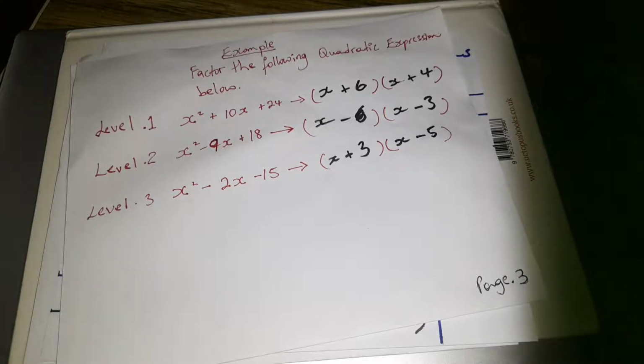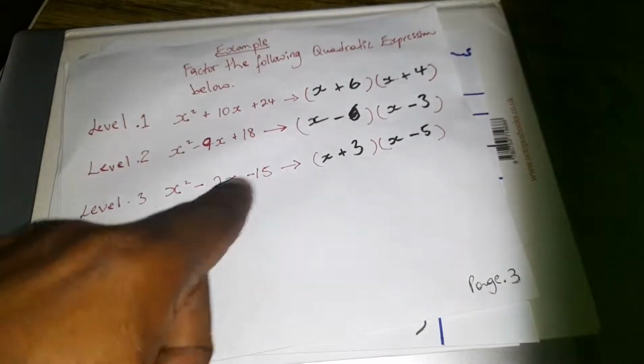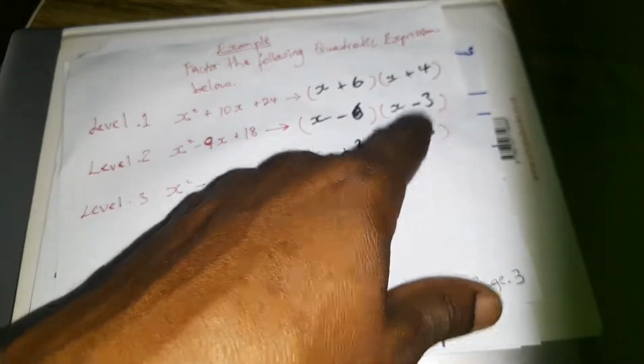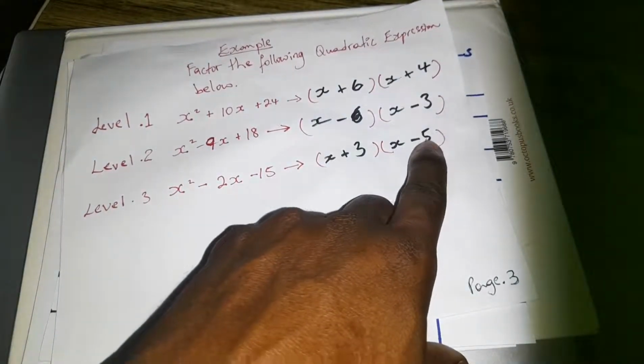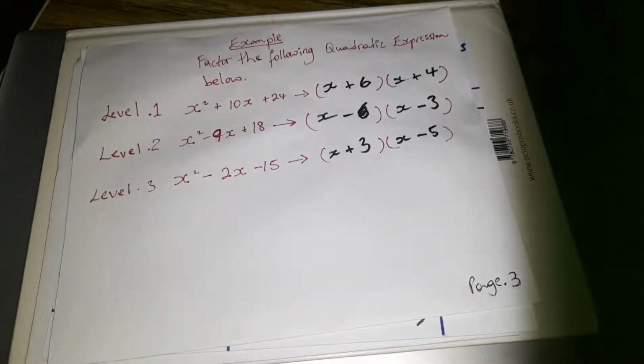Once you identify that the two numbers are 3 and 5, because when you subtract 3 from 5 you get 2, in this case you have to put the bigger number at the negative. That's it. We're finished, just like that.